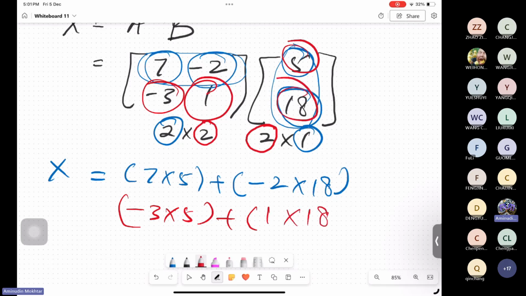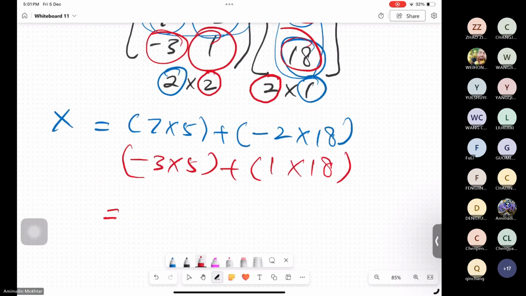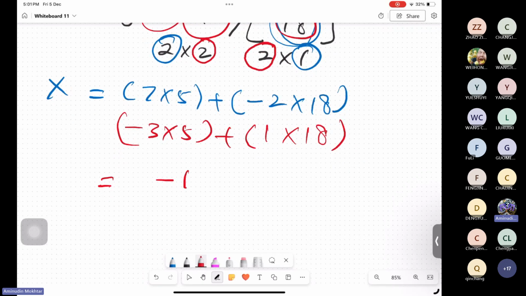The answer is 35 plus negative 36, which is negative 1. Negative 15 plus 18 is positive 3. That is the answer. X equals negative 1 and positive 3.